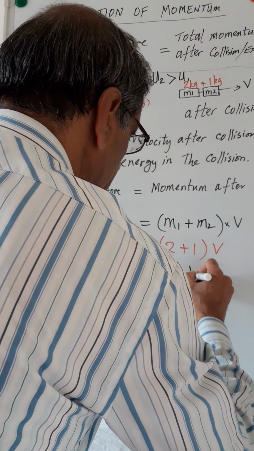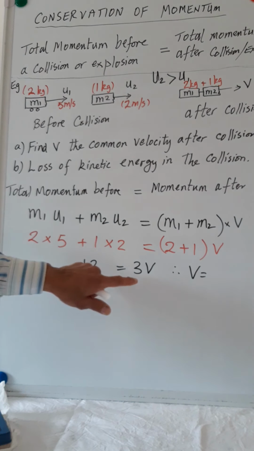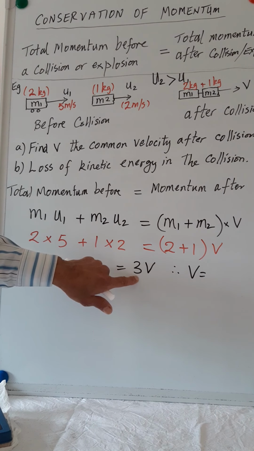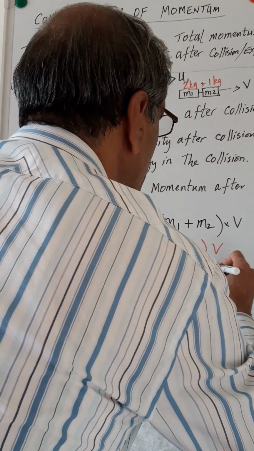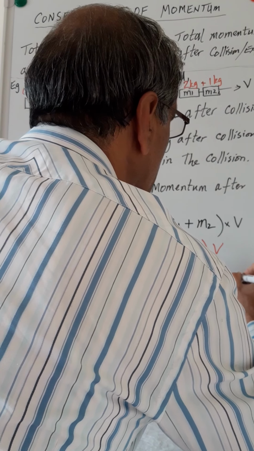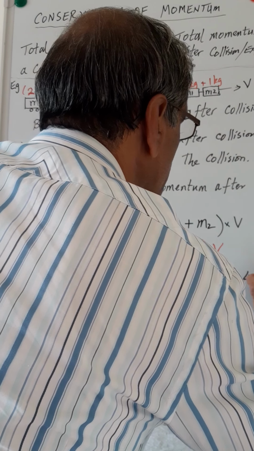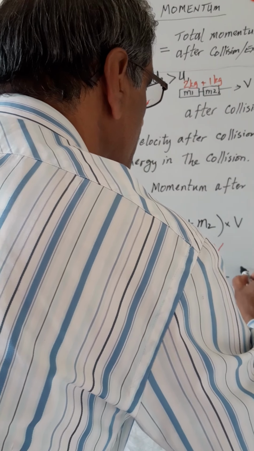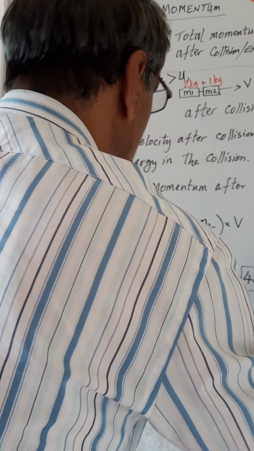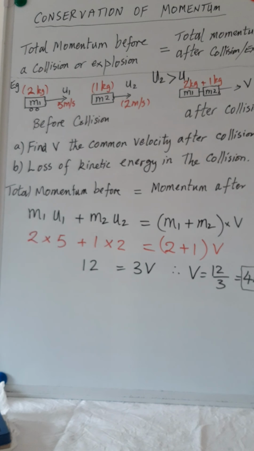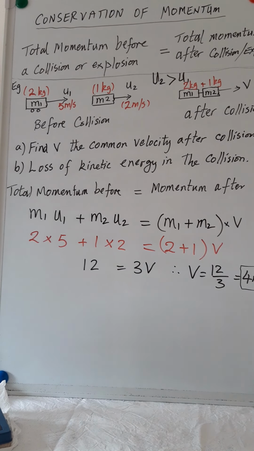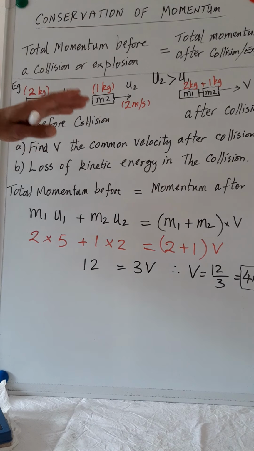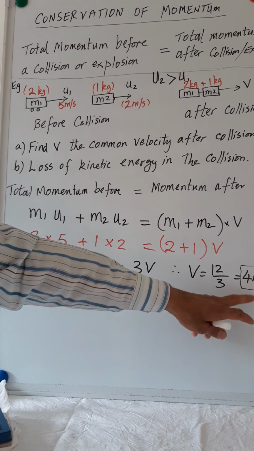Therefore, v is going to be equal to 12 divided by 3, which is 4 meters per second. So the two trolleys move off together with a velocity of 4 meters per second.